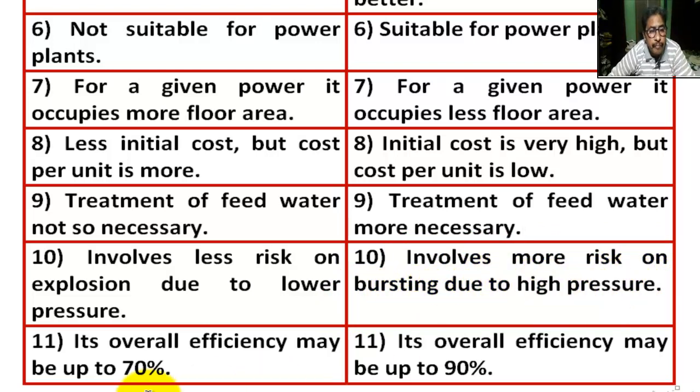Okay. In fire tube boiler, number 11, its overall efficiency may be up to 70%. Number 11, for water tube boiler, its overall efficiency may be up to 90%. Okay.